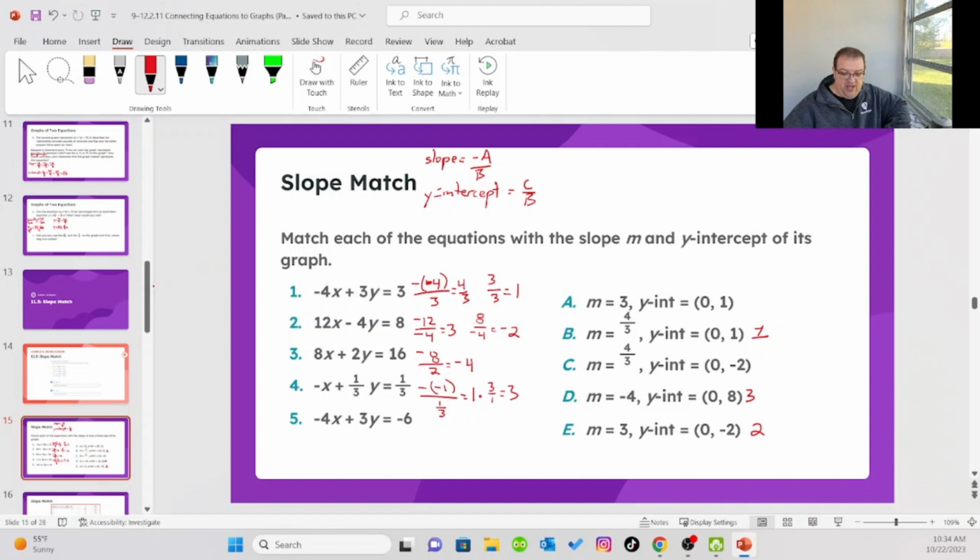The only one I have with a slope of 3 that I haven't used yet is A. So this must be number 4. Therefore, the only one we still have is C. That must be 5. So now we've shown how we can match each of the equations with its slope and its y-intercept.